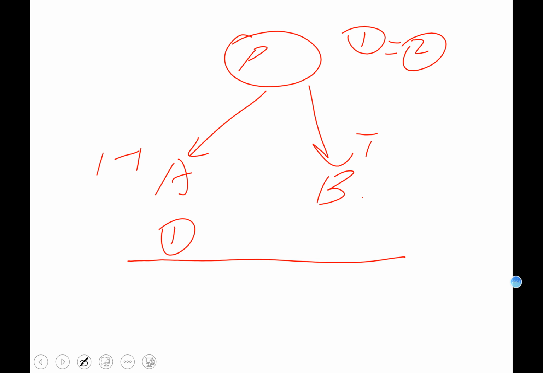And the next key point is that if number 1 goes into group A, number 2 must be in group B. There is no choice for number 2.